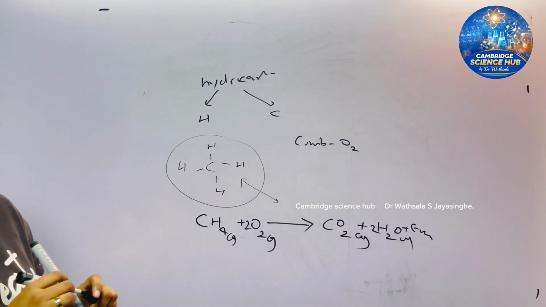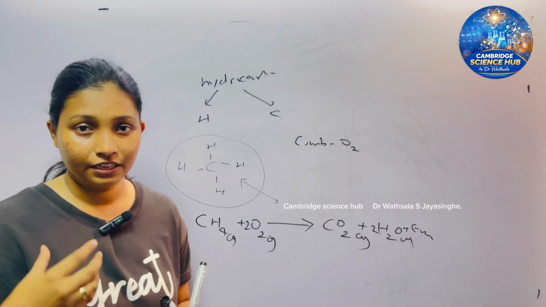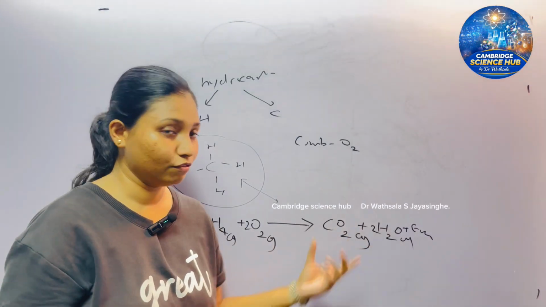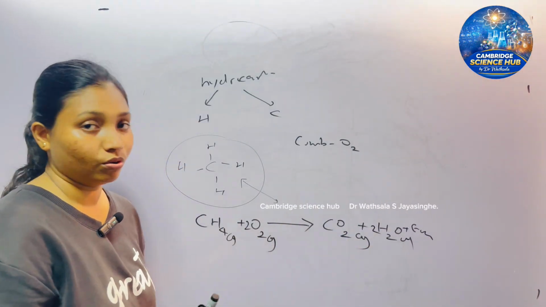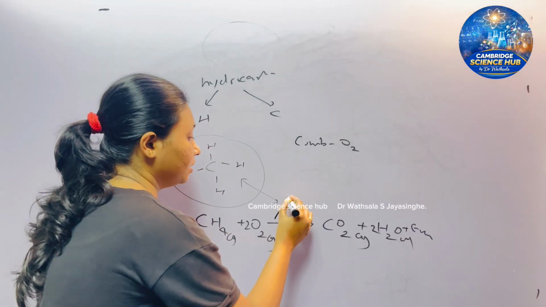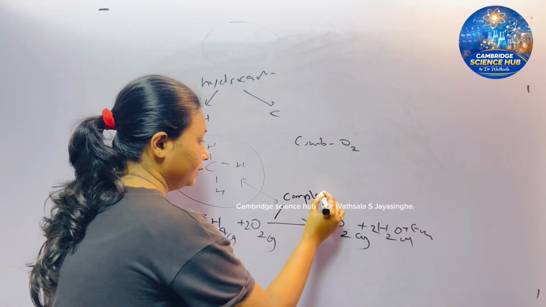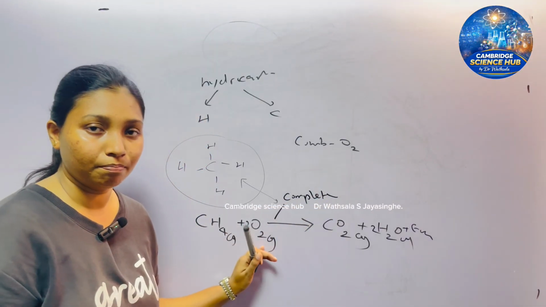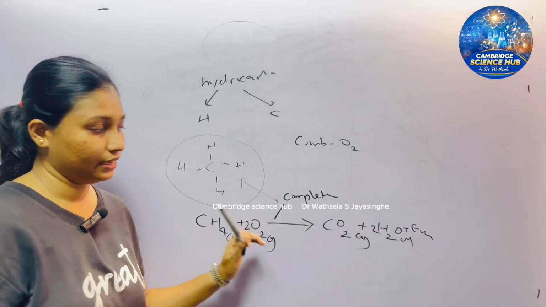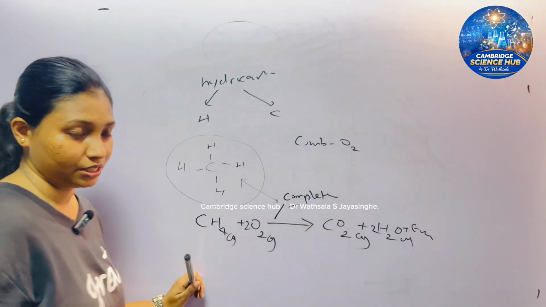This is the formula. If it produces carbon dioxide and water, this is known as what? Complete combustion. That means methane is completely burned.